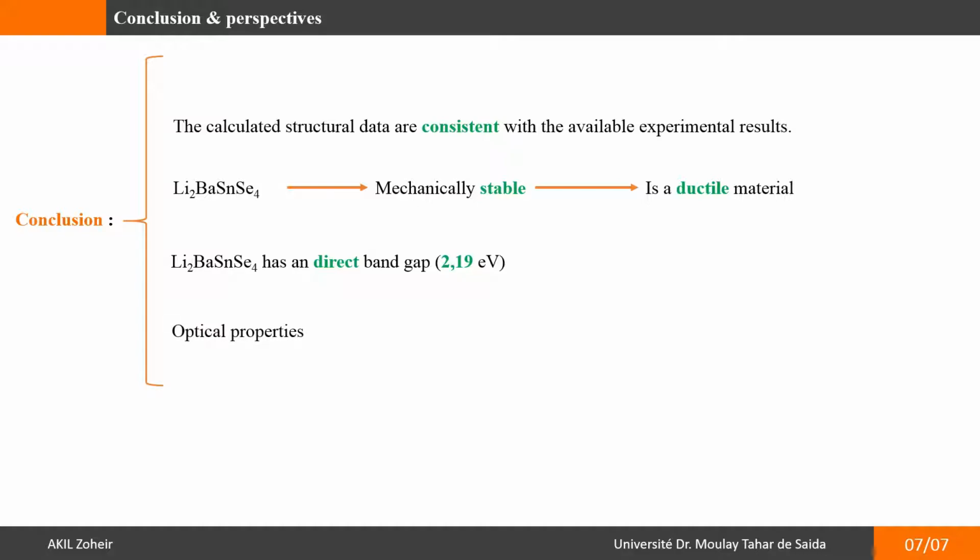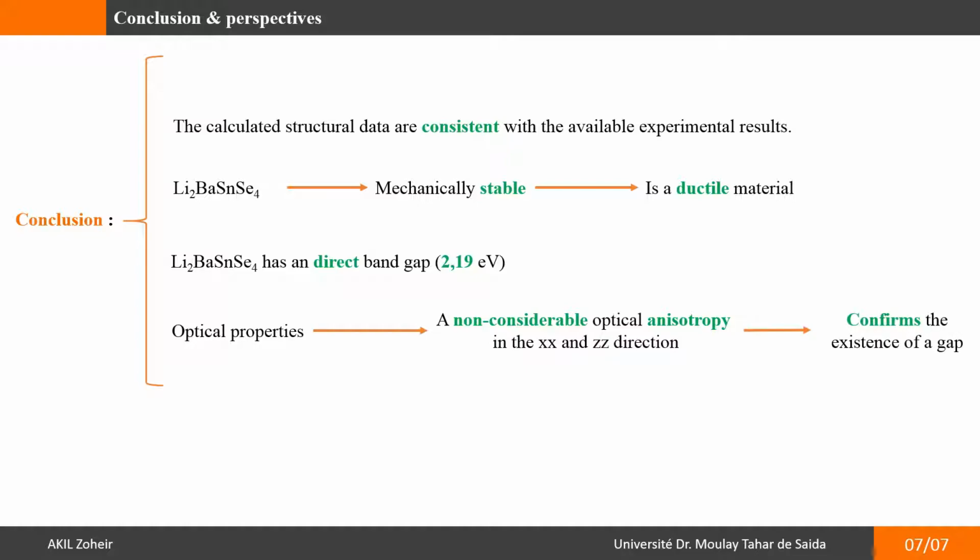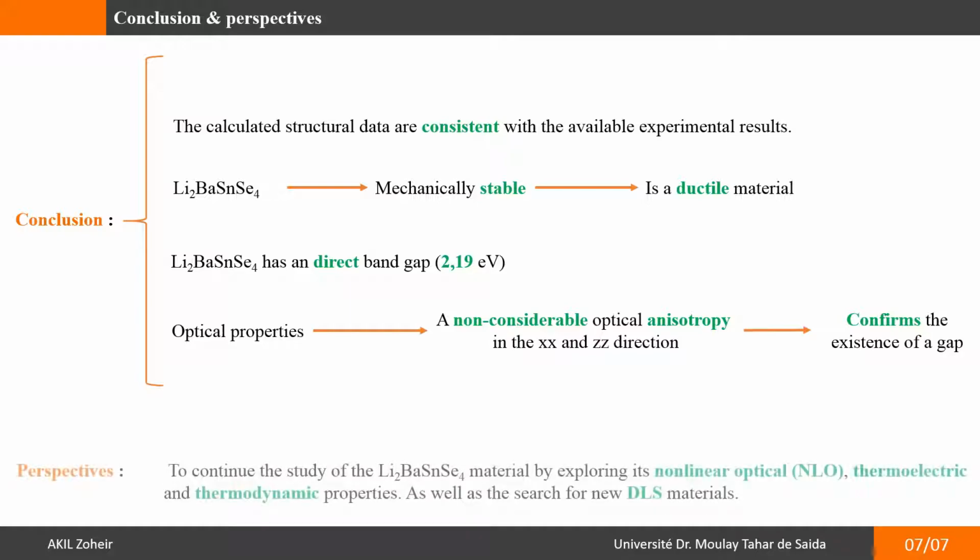For optical properties, in this presentation we have explored the complex dielectric function, and we show a non-considerable optical anisotropy in the XX and ZZ polarization directions. Analysis of the imaginary part, epsilon 2, confirms the existence of an energy gap between the maximum of the valence band and the minimum of the conduction band.